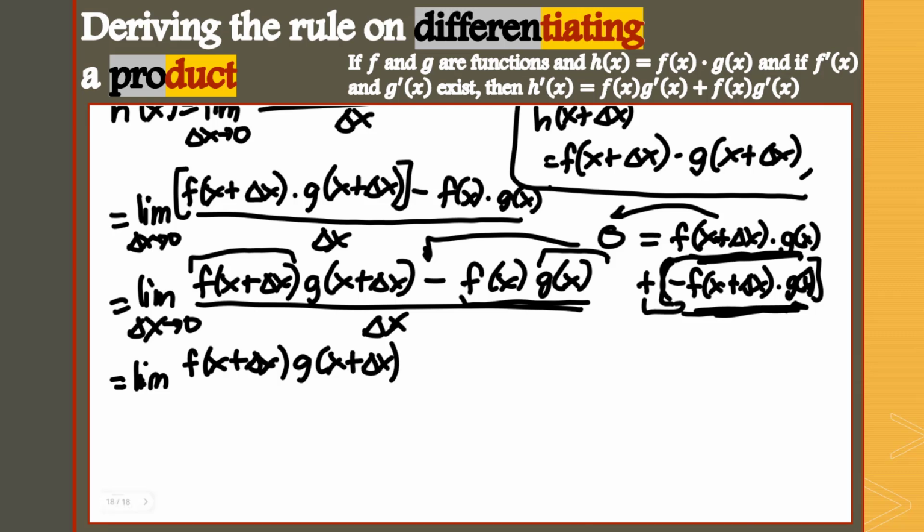And then I'm going to introduce here plus 0. Okay, plus 0 minus, supposedly this is f of x times g of x, right? But this 0 is equivalent to that form. So I can introduce these two in our numerator.